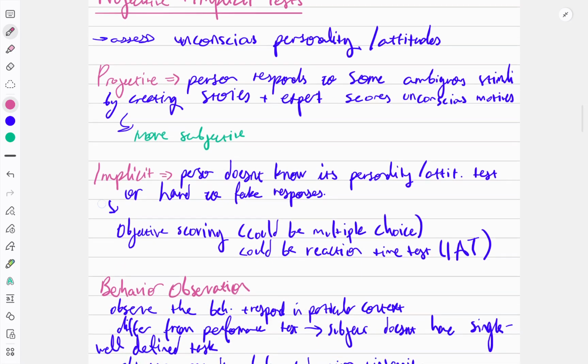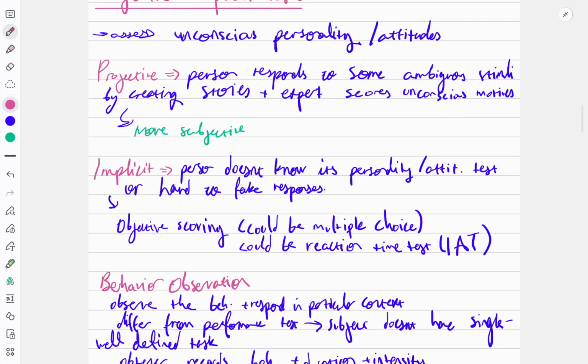Projective tests are based on how the person responds to some ambiguous stimuli by creating stories, and experts score unconscious motives.